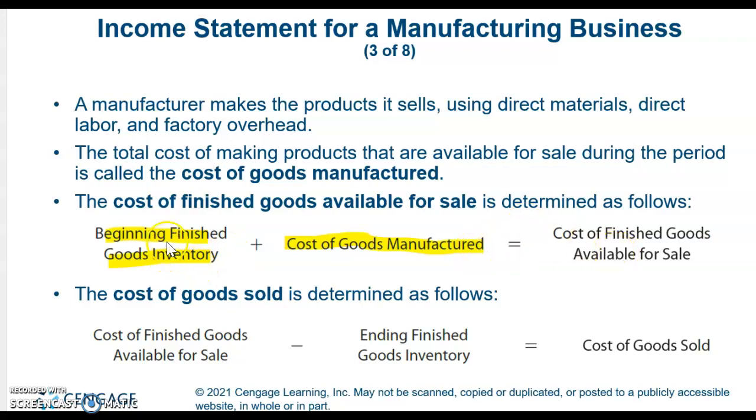And when we add what's in inventory to what we made during the period, that is the cost of finished goods available for sale. So how do you figure out the cost of goods sold? You take all your goods that are available for sale and subtract out anything that's in ending inventory that we did not sell, and that gives you your cost of goods sold.